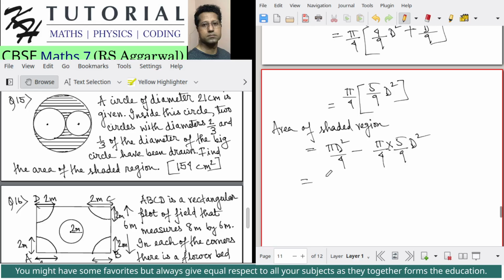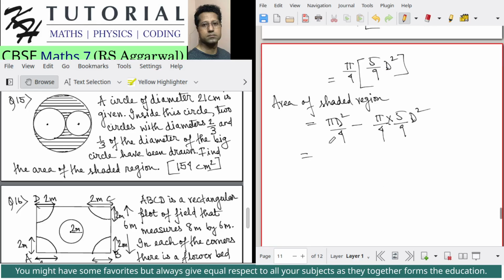From here, if I take pi d square by 4 common, this will be 1 minus 5 by 9. This is equal to pi d square by 4 times 4 by 9, so this is equal to pi d square by 9.